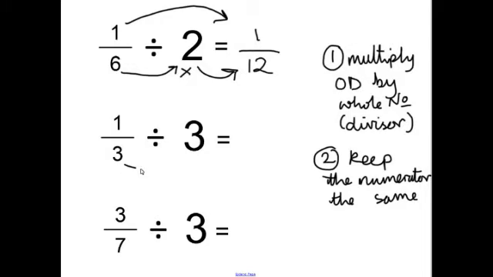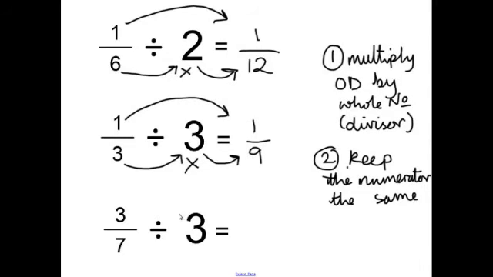Now the second one, following our steps again, multiply the original denominator by the whole number, the divisor, so 3 times 3 is 9, and that gives us our new denominator. Then for the second step, we keep the numerator the same, which is 1. So we have 1/3 divided by 3 is 1/9.